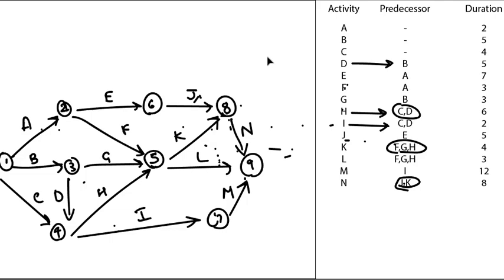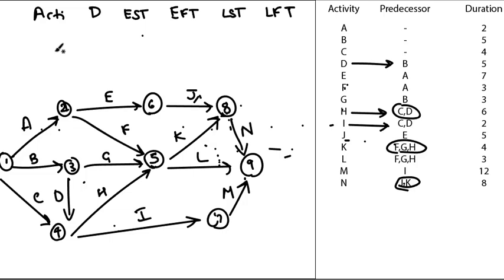Start with forward pass calculation, backward pass calculation, and make that table. So that big table should consist of activity name, then duration, then early start time, early finish time, latest start time, latest finish time.